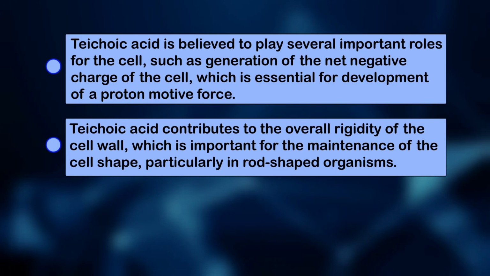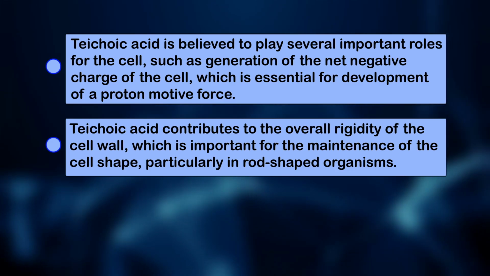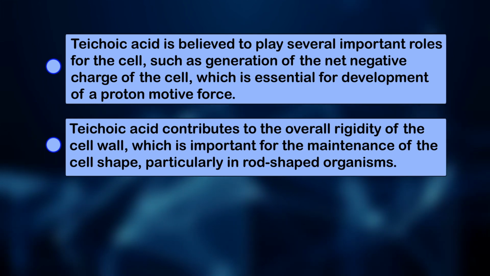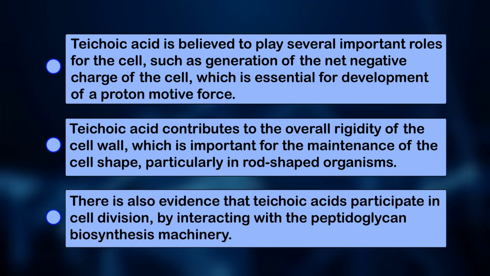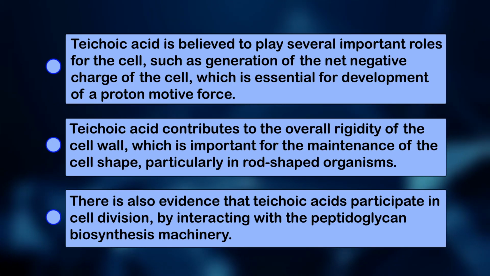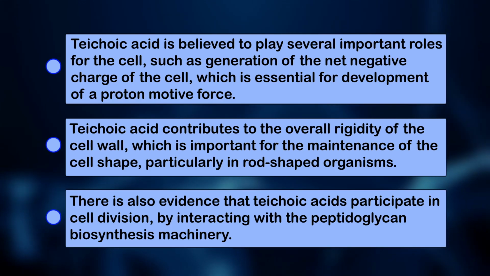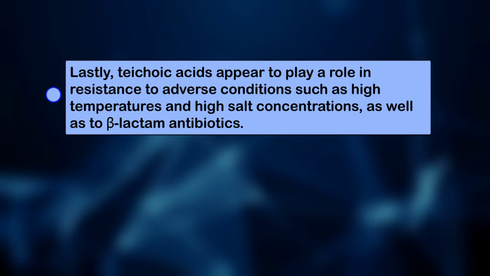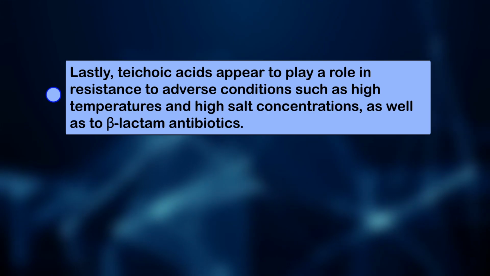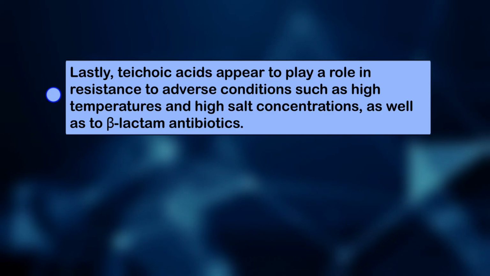Teichoic acid contributes to the overall rigidity of the cell wall, which is important for the maintenance of cell shape, particularly in rod shaped organisms. There is also evidence that teichoic acid participates in cell division by interacting with the peptidoglycan biosynthesis machinery. Lastly, teichoic acid appears to play a role in resistance to adverse conditions such as high temperatures and high salt concentration, as well as beta lactam antibiotics.